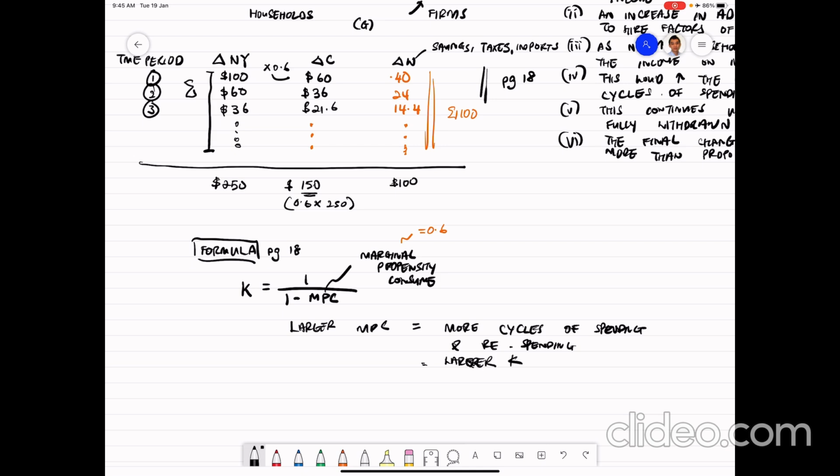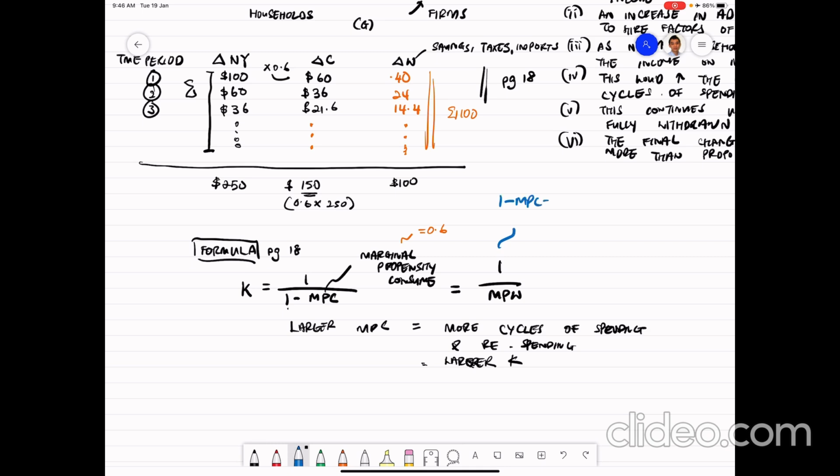Okay, let's look at it from the other way. The other way is that 1 minus MPC is actually MPW.